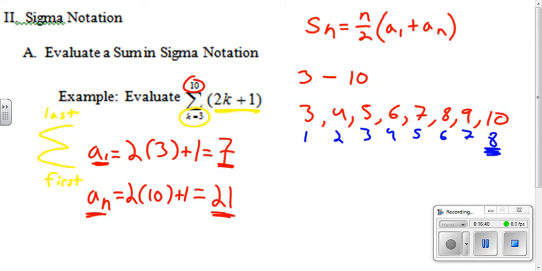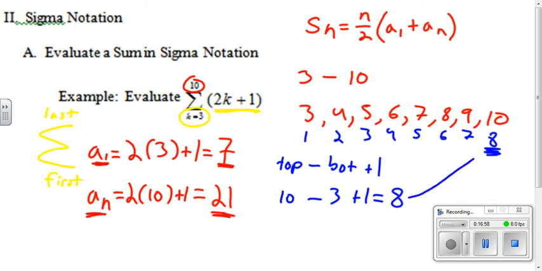Now a quick way to do that is take your top number, in this case 10, minus your bottom number, in this case 3, and add 1. In which case 10 minus 3 is 7, plus 1 is 8, which is the same as what we had there. So now we know that our n equals 8.